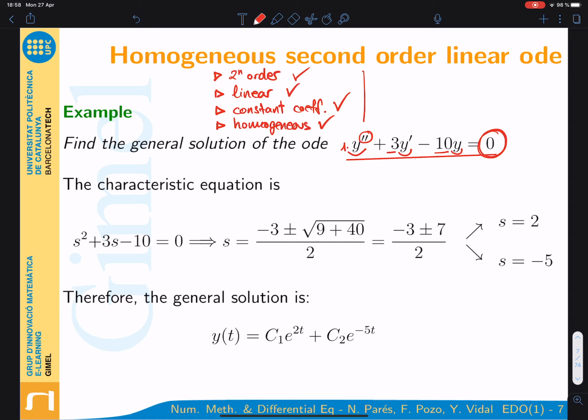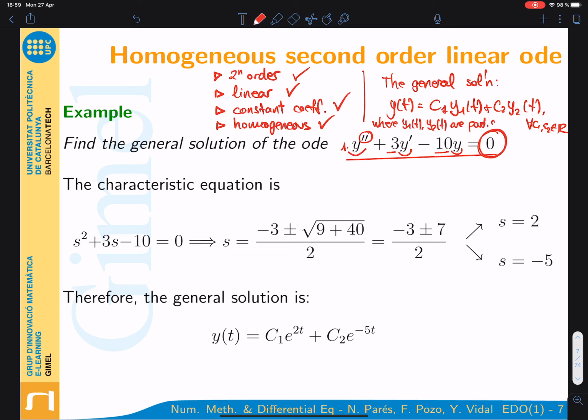For this specific type of ODE, we know that the general solution is given by the linear combination, where C1 and C2 could be any real numbers, and Y1 and Y2 are particular solutions.